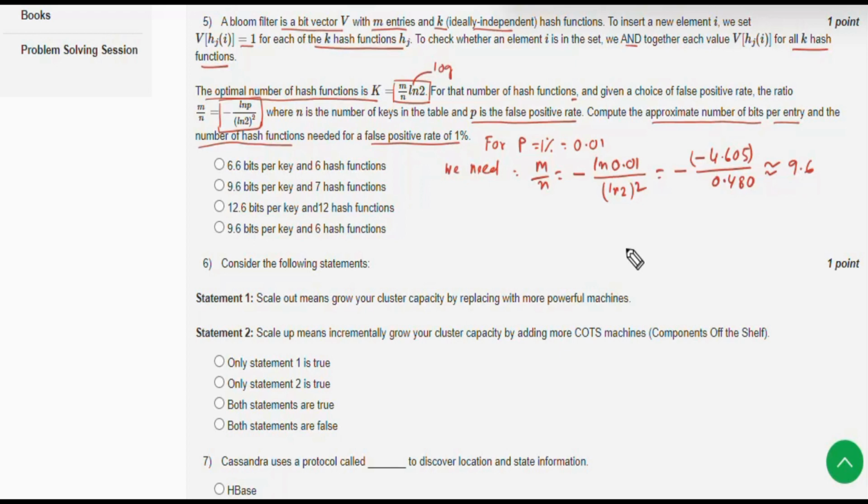So we need 9.6 times as many entries as there are keys, which is 9.6 bits per key.